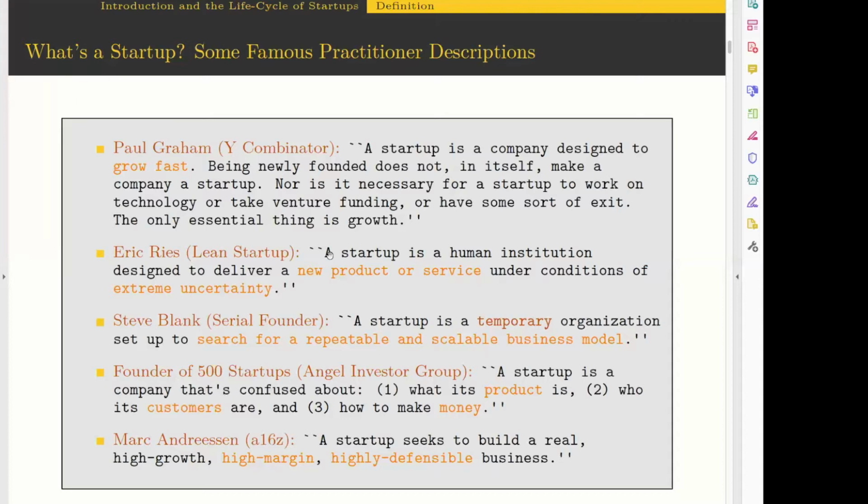And then the final thing that we see in the definition comes from Marc Andreessen, who was one of the founders of Netscape, which was the first popularized consumer web browser. It really kind of marked the start of the dot-com bubble in the early 90s.